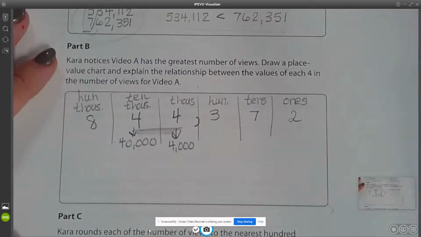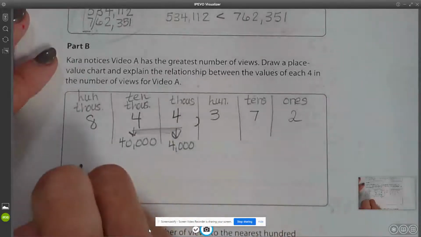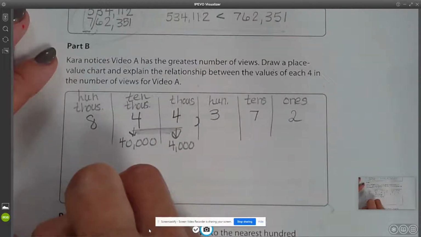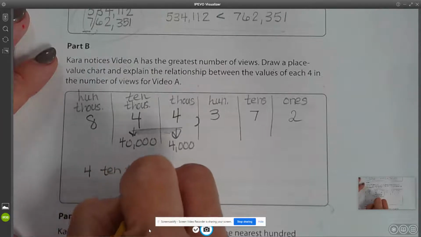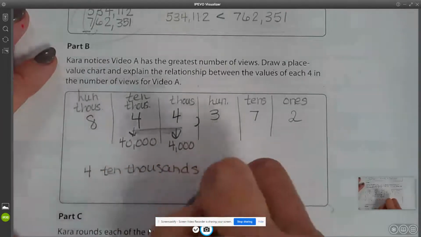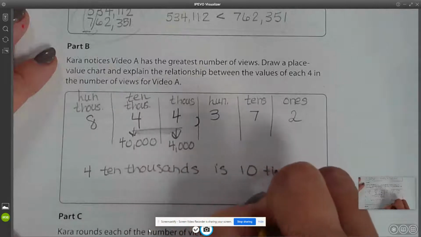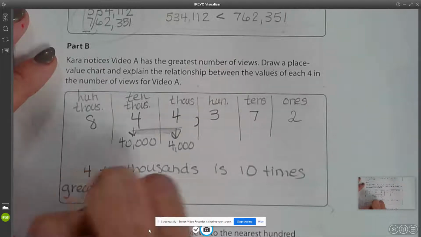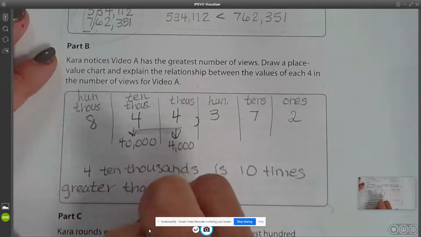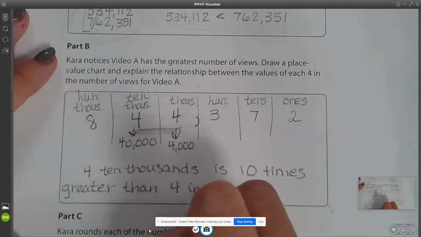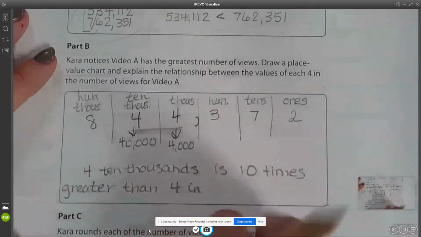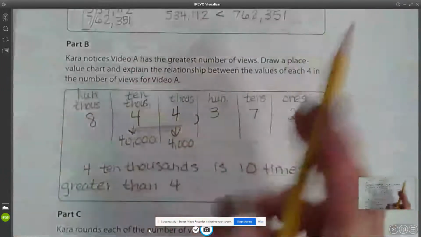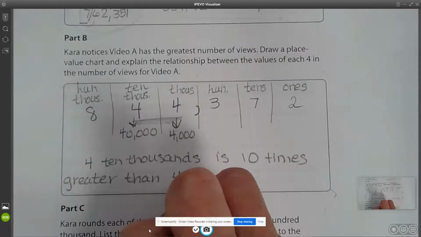Okay, so how would I say this? Well, how would I explain the relationship? Well, I could say that the 4 in the 10,000s is 10 times greater than the 4 in the, or than 4, actually, I'm sorry, than the 4,000s.